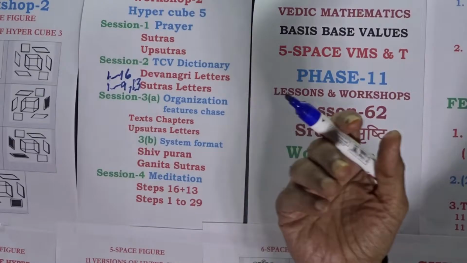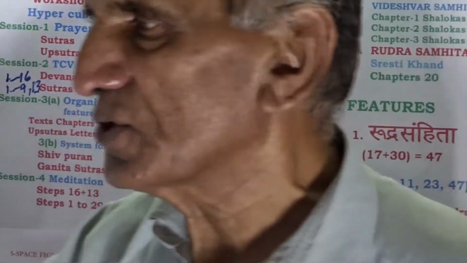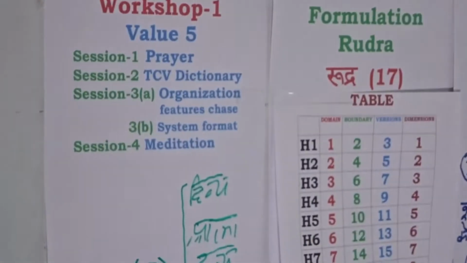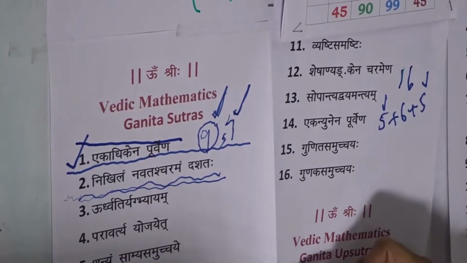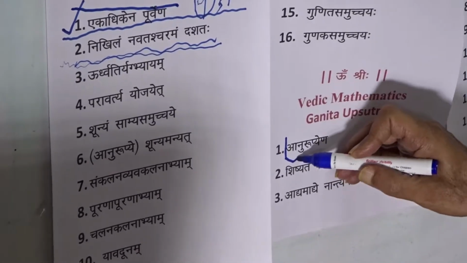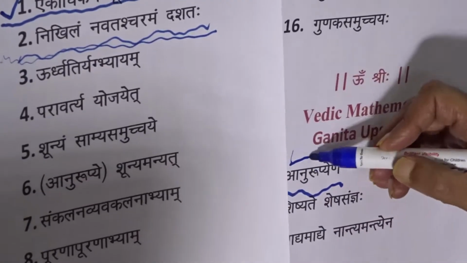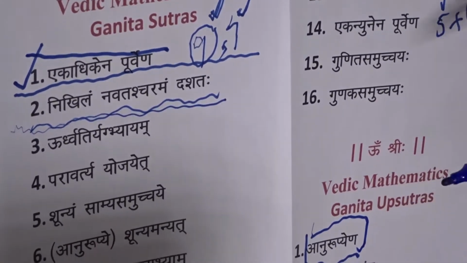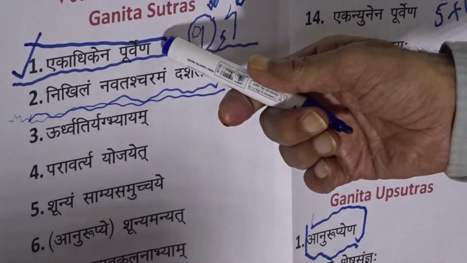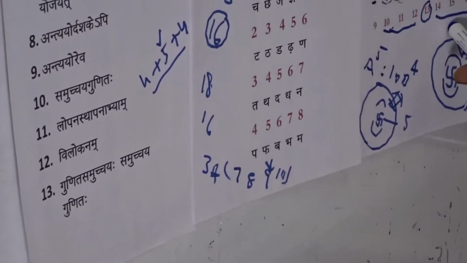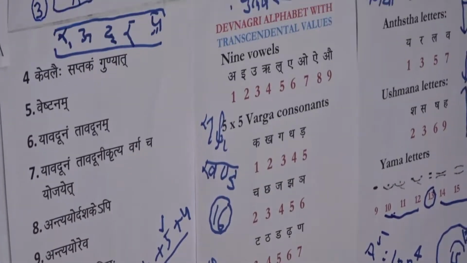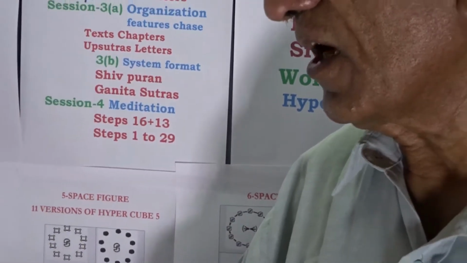One may have a pause here and take note that Ganita Sutra 1 is a text of 16 letters, while Ganita Upsutra 1 is a text of 10 letters. So Ganita Sutra 1, which is a text of 16 letters, has a format of values range 1 to 16, which is parallel to the entire range of values of the Devanagari alphabet.